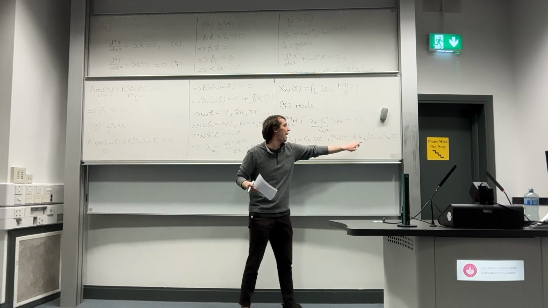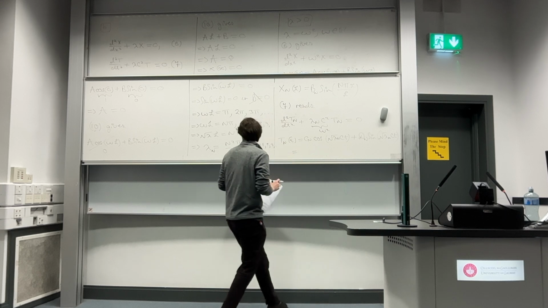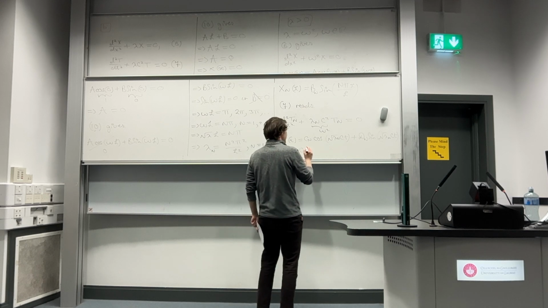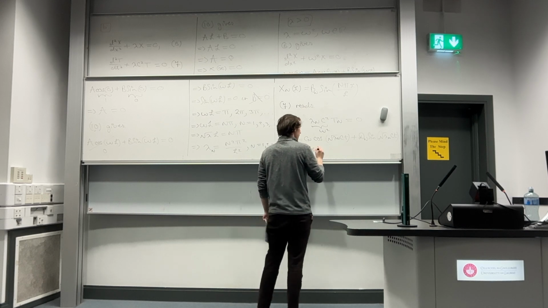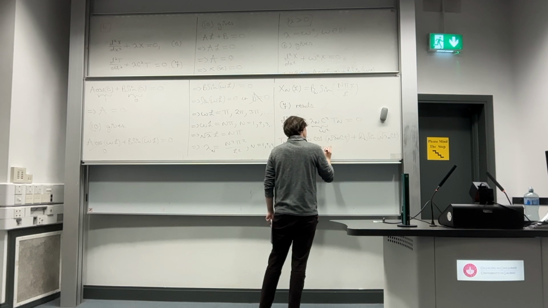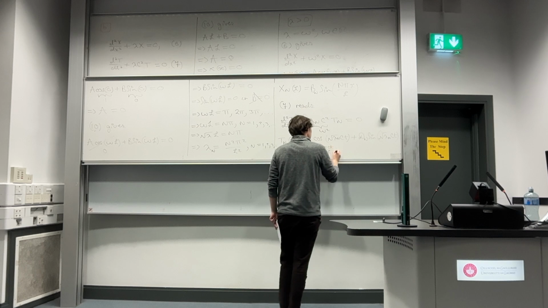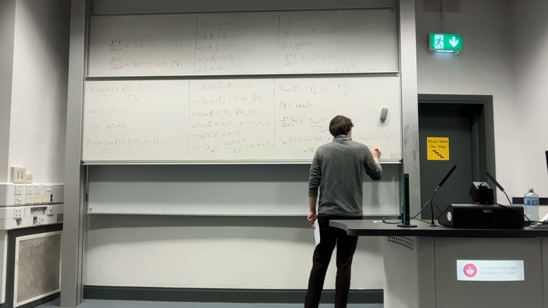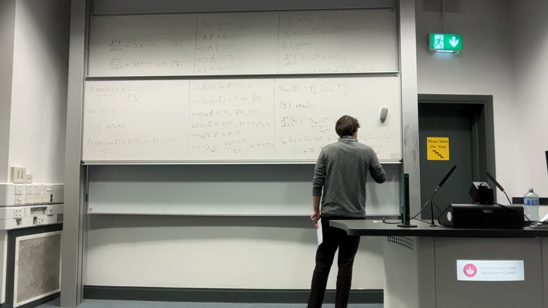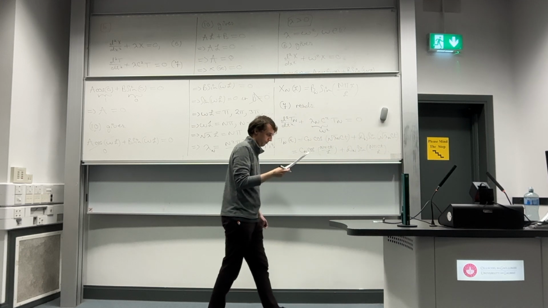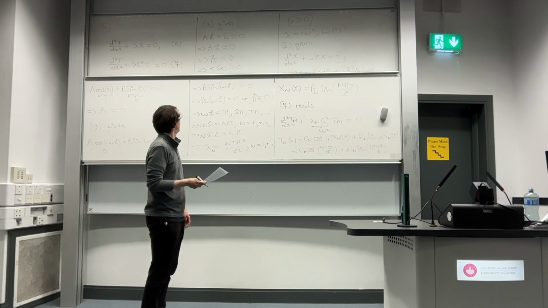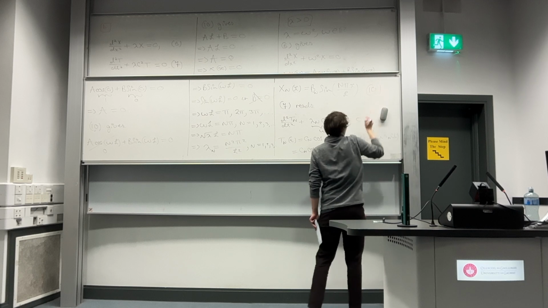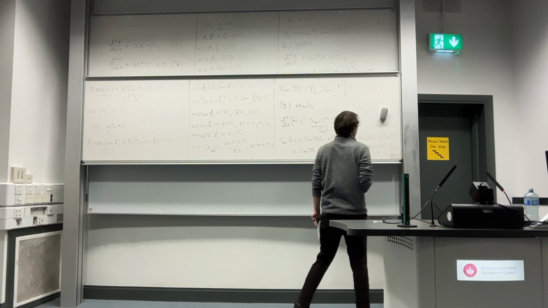So if we replace lambda n in our solution for Tn with these values, we can write our solution Tn as Cn cosine of n pi ct over L plus Dn sine of n pi ct over L. Okay, and I'm going to just write my Xn's as equation 10 and my Tn's as equation 11 for future reference.